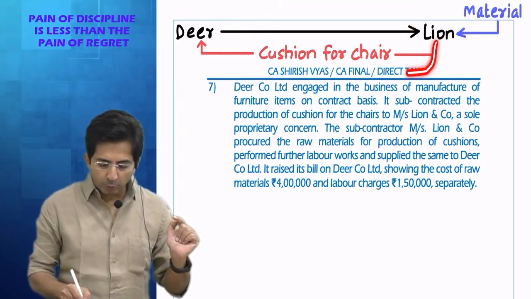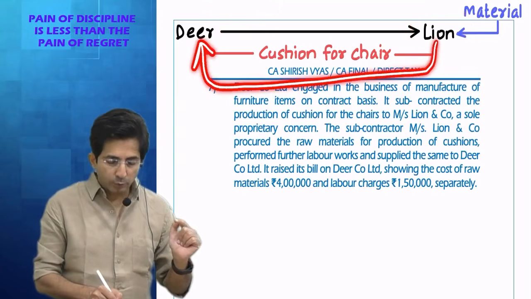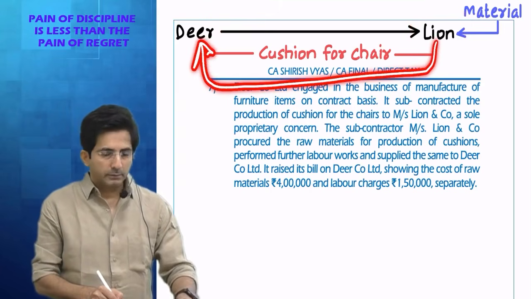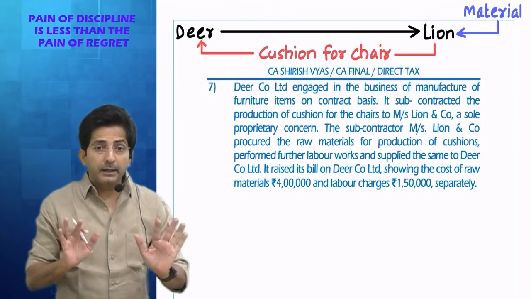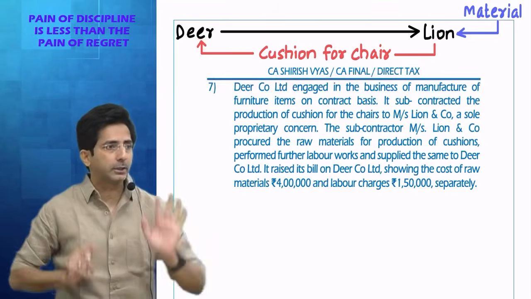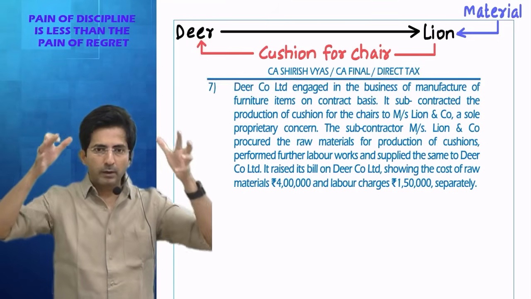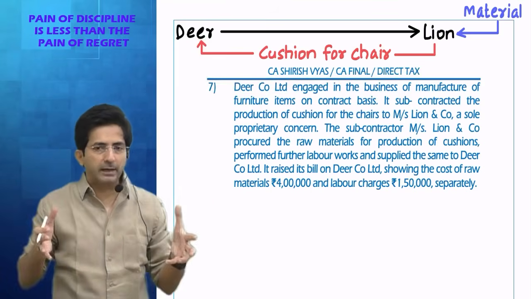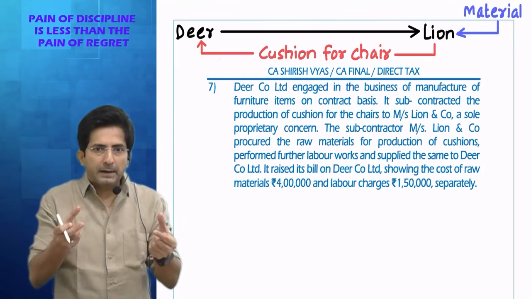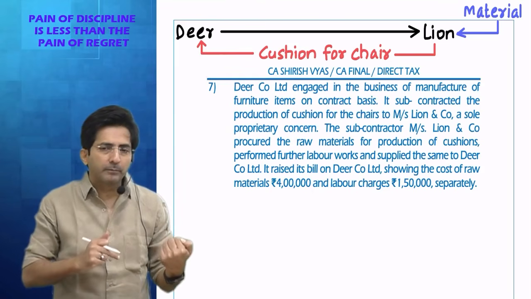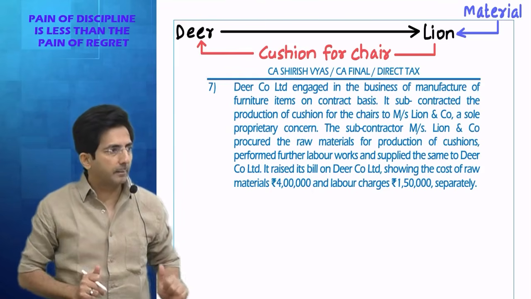It will manufacture cushion which is used for the chair. When you sit on the chair, there is a cushion, correct? But that cushion, Deere itself is not manufacturing. That wooden work, that main structure of the chair with the wood, all that is done by Deere. But that cushion part, they are getting it manufactured from third party, Lion and Company.